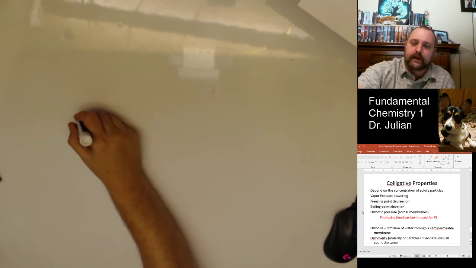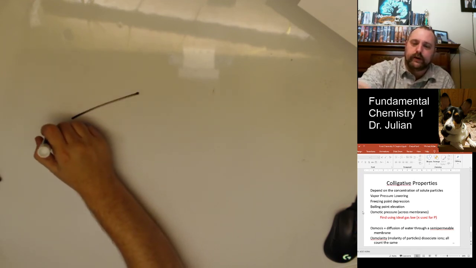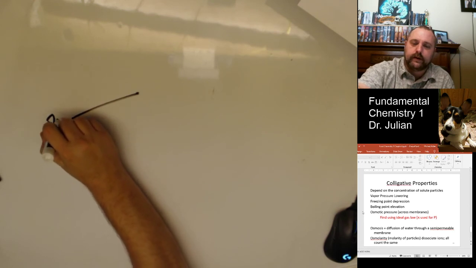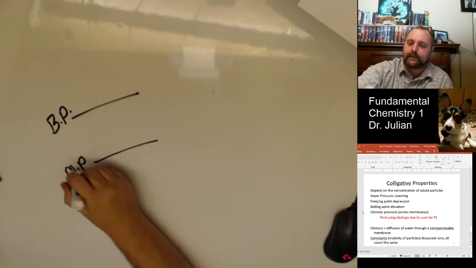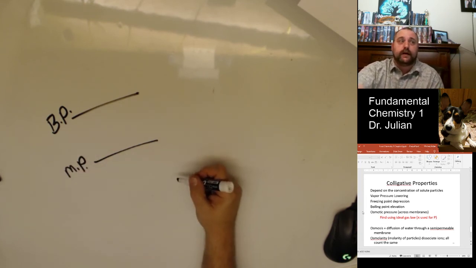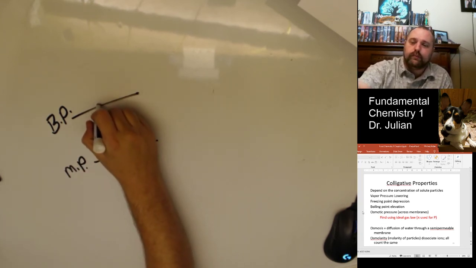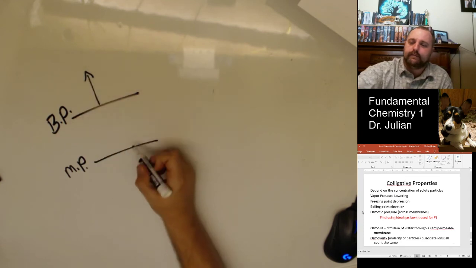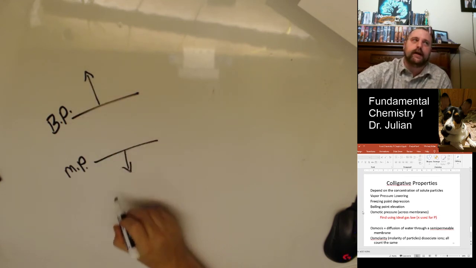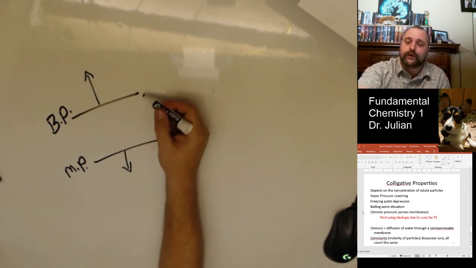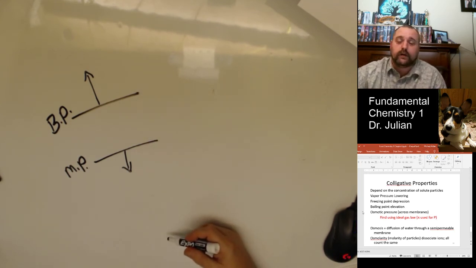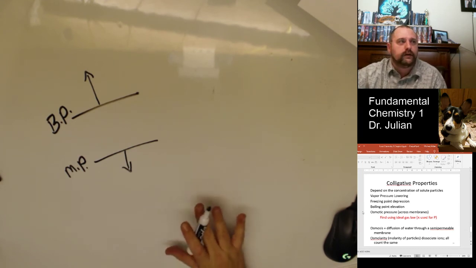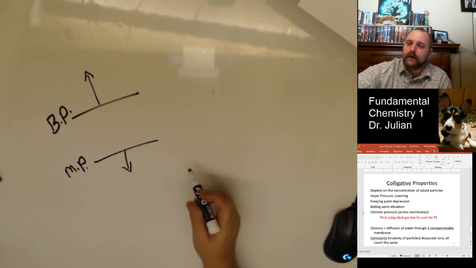Normally we look at the boiling point and the melting point. And an interesting thing happens. The boiling point goes up, and the melting point goes down. Now, vapor pressure is related to the boiling point. It's the pressure above a liquid. It also goes up, all right? And so those two are kind of related.